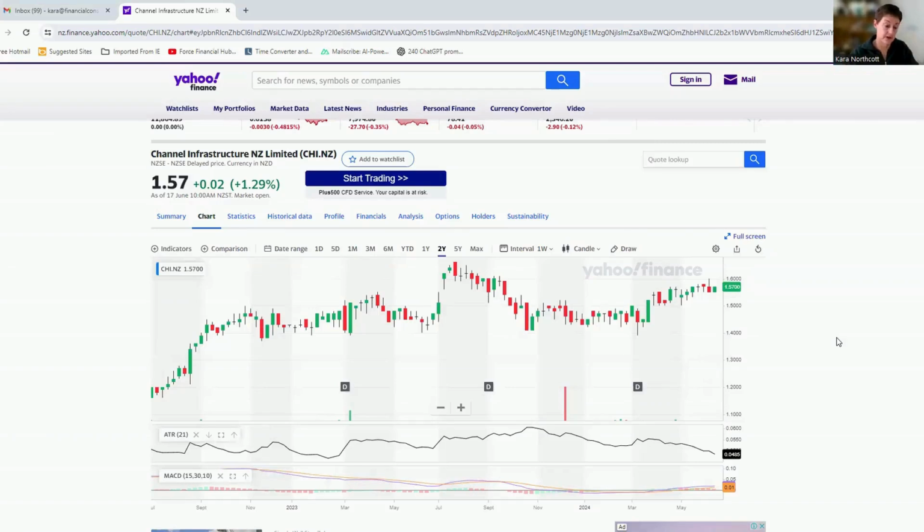Right, I've got channel infrastructure up here on the screen. Now, when I first look at buying into a share, I want to make sure that the overall market is trading above the 30-week exponential moving average. And if you watched Tuesday's video, the New Zealand market is already doing that, which is a great signal.